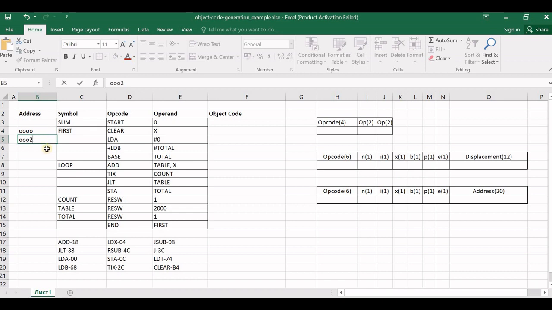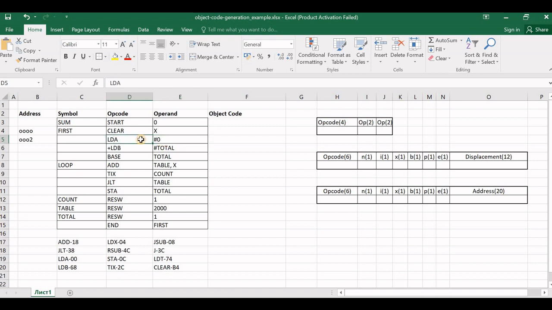So 0002 is the starting address of the next instruction. Now LDA #0: identify which instruction format this instruction is in. LDA is the opcode, and #0 is an immediate addressing mode. Is it in format 1? No, because format 1 instructions have only the opcode. They do not have the operand. Now check if the instruction is in format 2. No, because it has the opcode, but only one operand is there, and that operand is not a register.